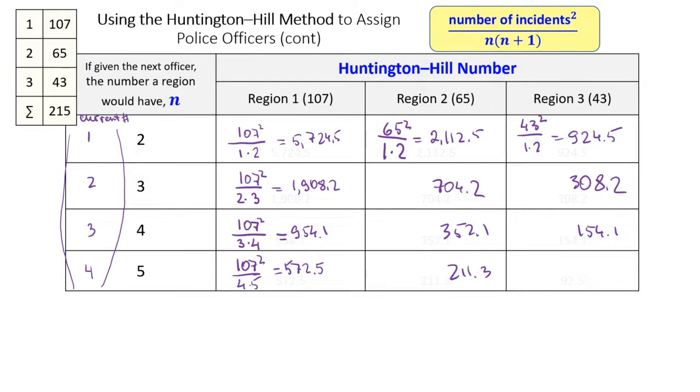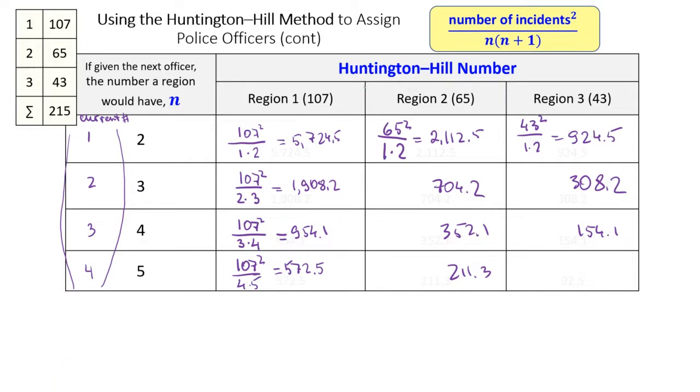Okay, the problem usually tells you how to round the numbers. Now let us decide how we will assign the officers.